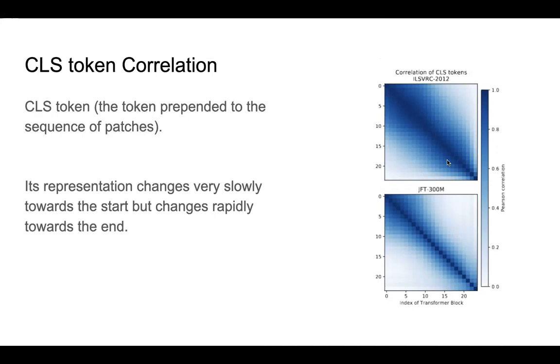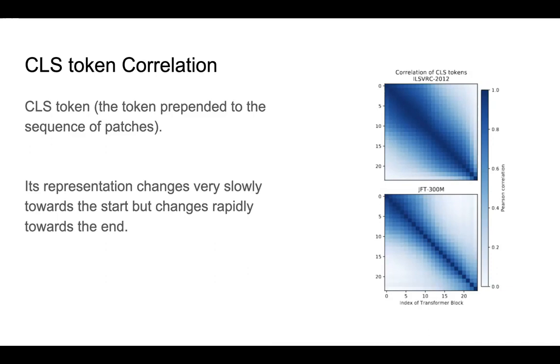So what I was saying is, we can see from those images that the CLS token does not change much towards the start of the model, and it starts to change quite drastically towards the end layers. So the model does not pay much attention to processing the CLS token at the start. It only starts to process the CLS token towards the end layers.